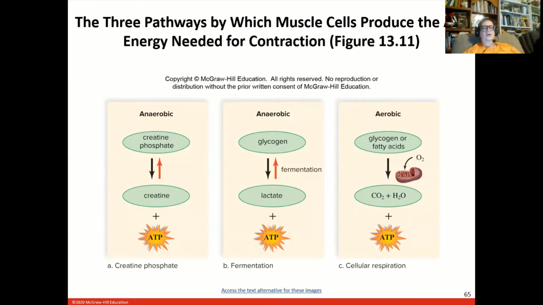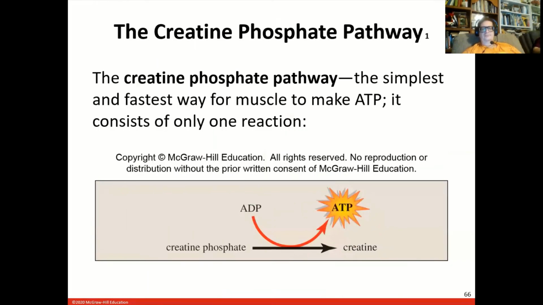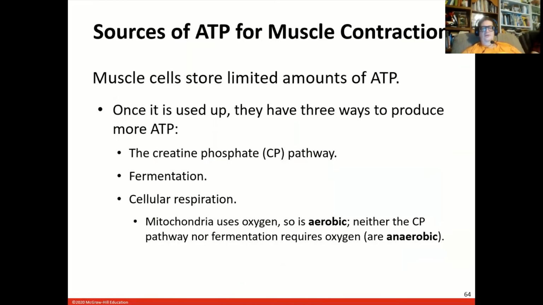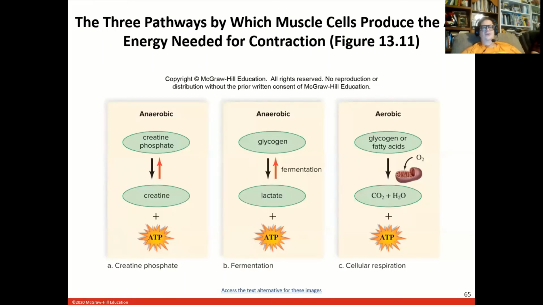All right, so the creatine phosphate pathway can make some ATP. That can happen without using oxygen. Okay. So creatine phosphate pathway, that'll work.